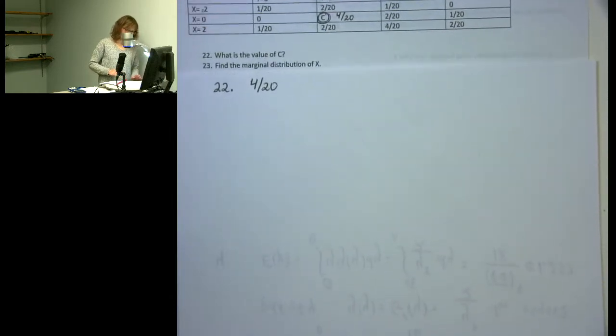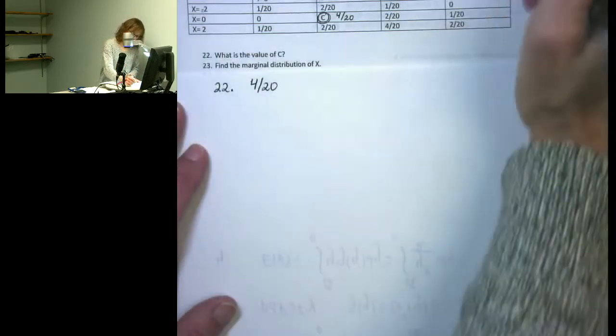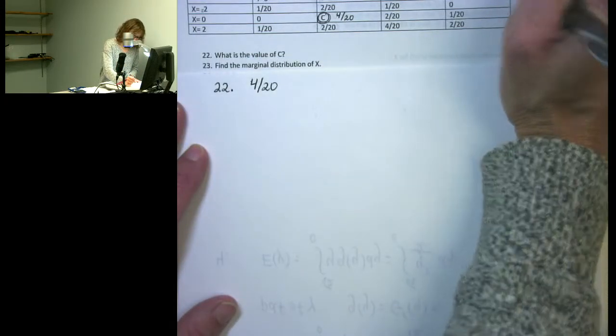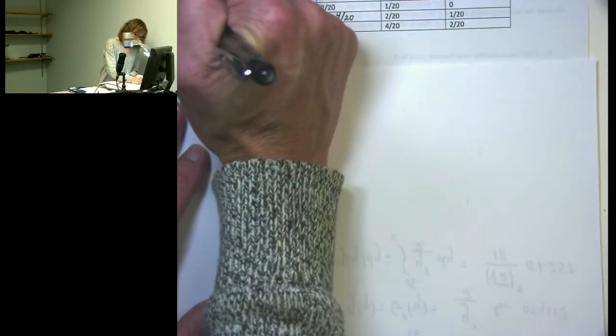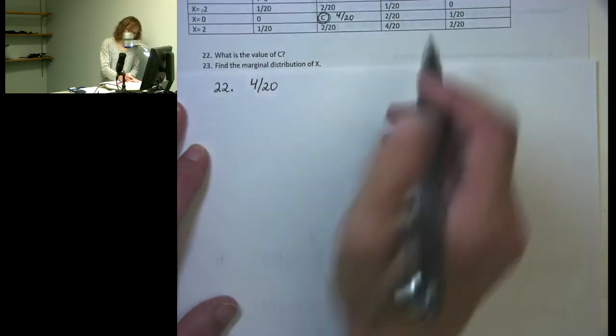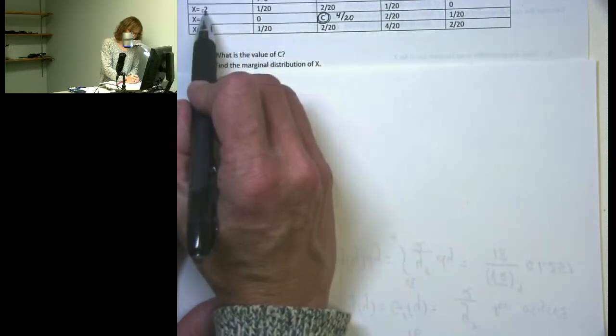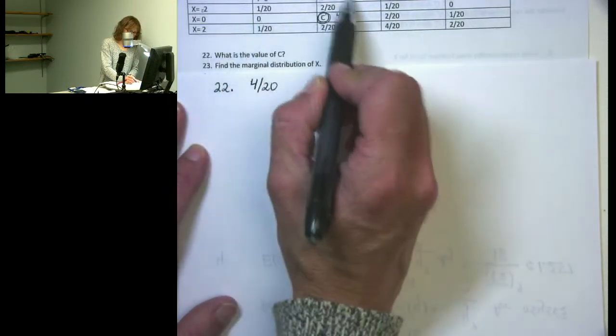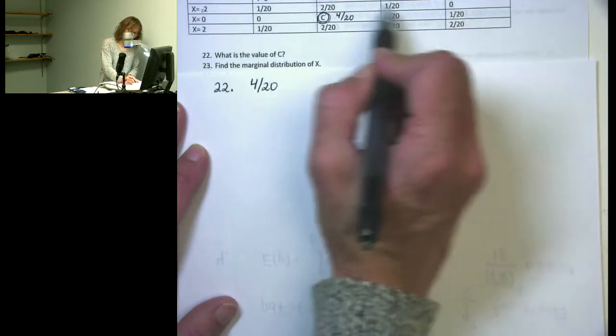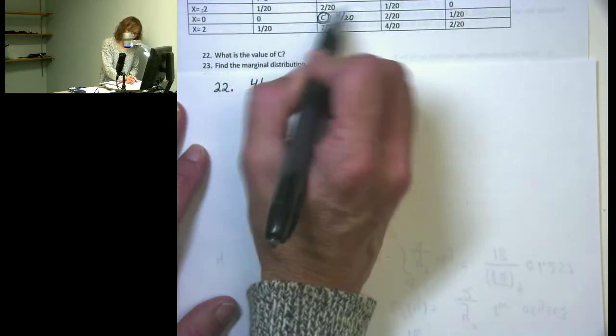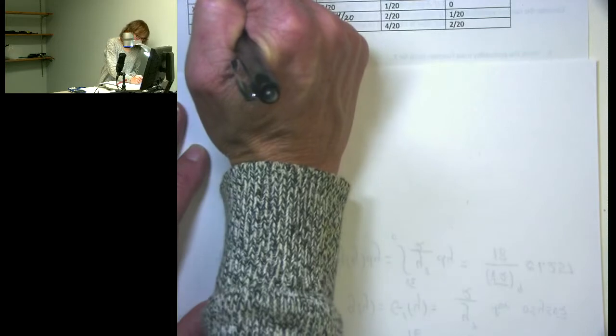For 23, I'm finding the marginal distribution for x. So to do that, for each of the values of x here, I have -2, 0, and 2, I'm going to sum the joint probability that x is equal to -2 and y is equal to all the different possible values of y. So I'm just adding across. So I've got 1/20 plus 2/20 plus 1/20 gives me 4/20.